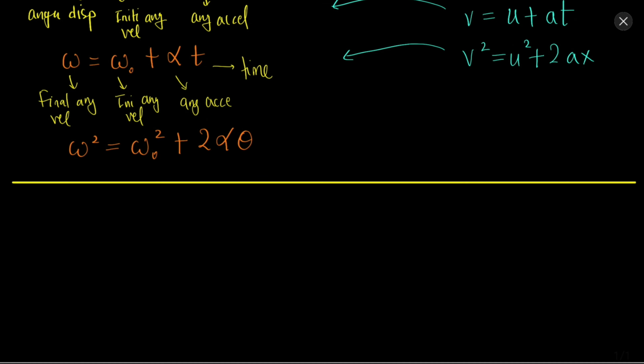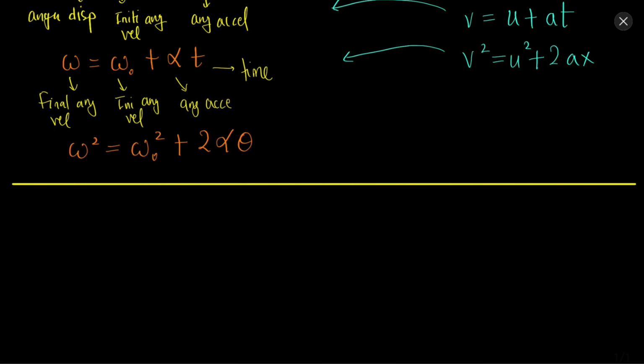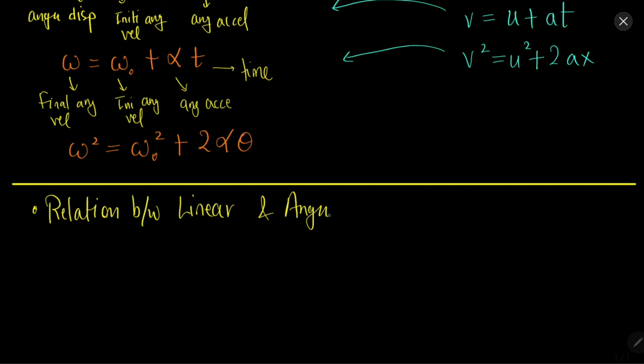Next we'll discuss the relation between the linear and the angular displacements. Linear means the usual translational displacement, velocity or acceleration. So we will discuss the linear and angular relations right now. The relation between linear quantities, that is linear displacement, velocity and acceleration, and the angular quantities.